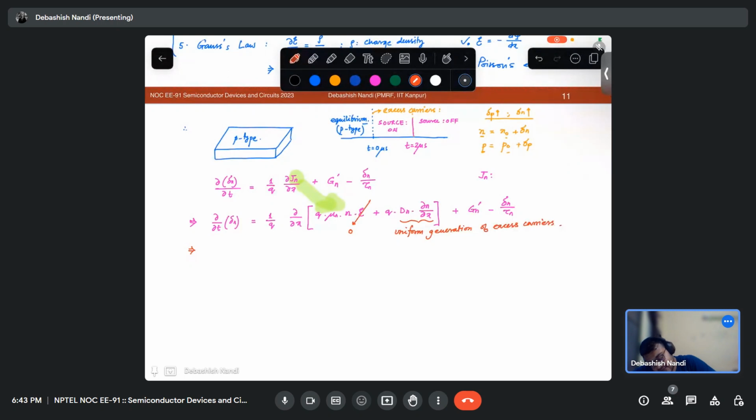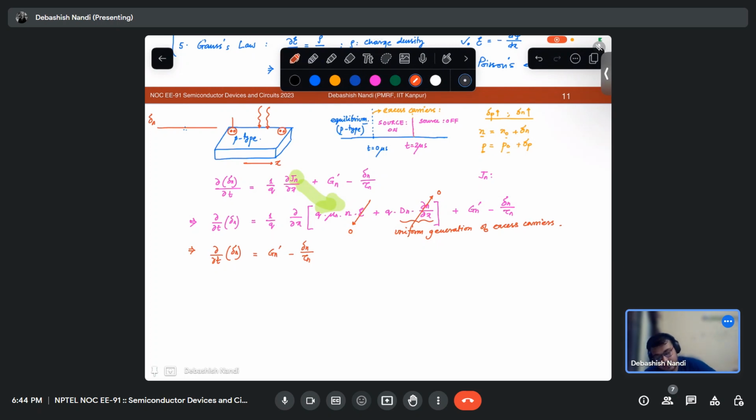Suppose light is shined upon this semiconductor; the amount of electron-hole pairs generated here will be exactly the same throughout the x direction. If dn or dp is a constant line, then its slope with respect to x will be 0, so this will also be 0. So now we have d/dt of excess carrier concentration equal to Gn dash minus delta n over tau n.